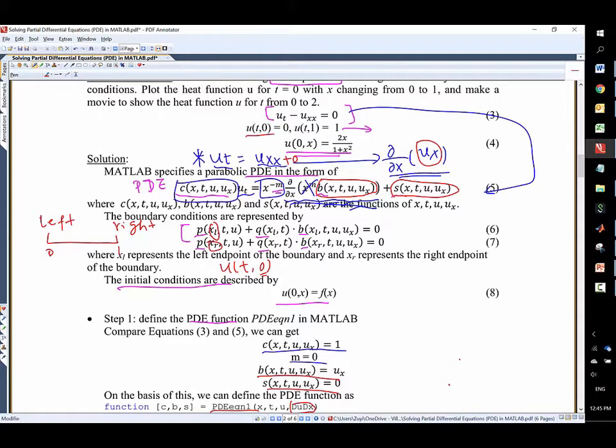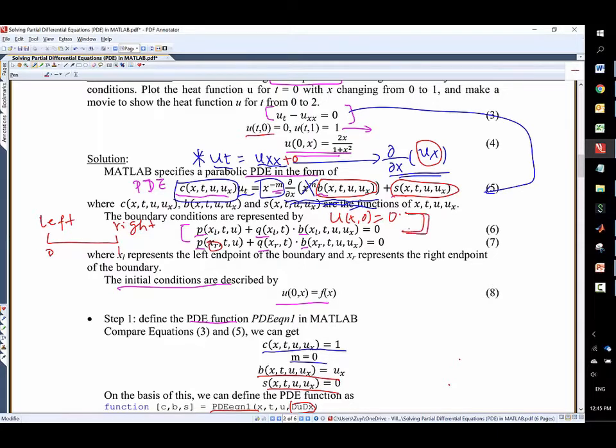Okay, now let's work on the left first. The boundary condition here is, when x equals 0, you get u(0,t) equals 0. Let's compare these two equations.